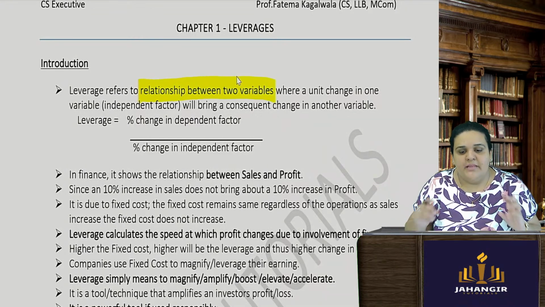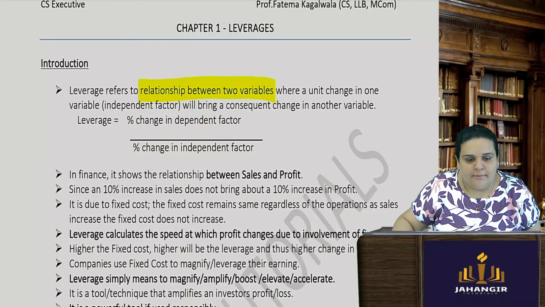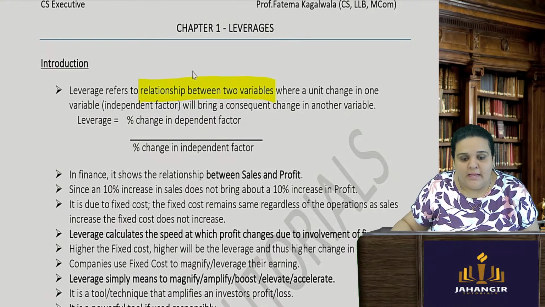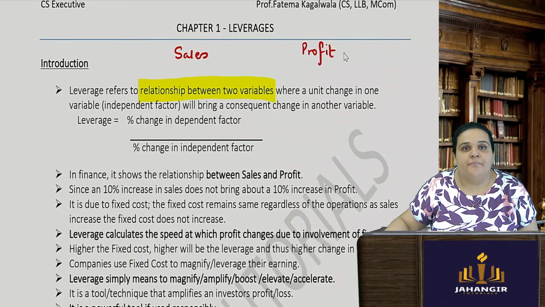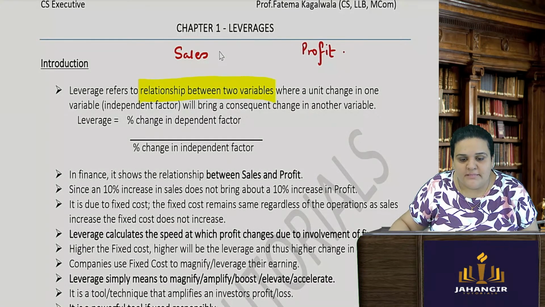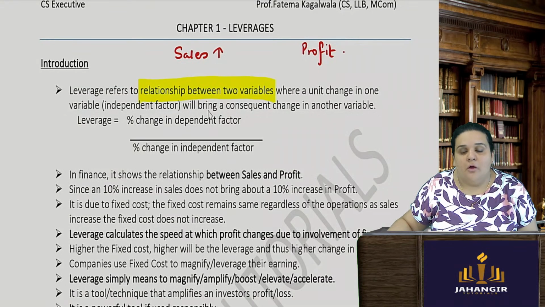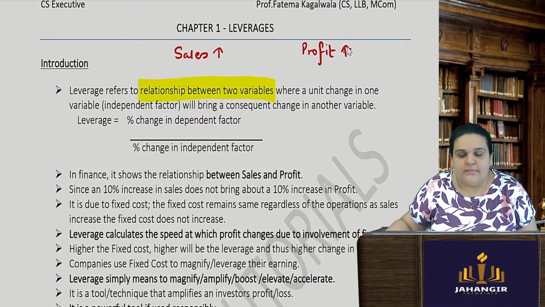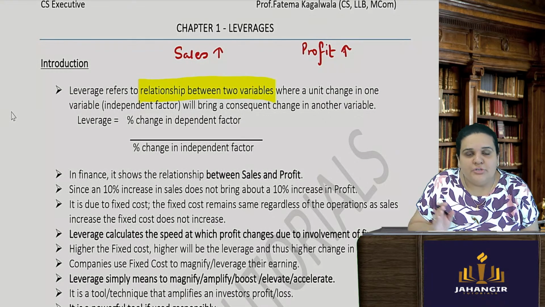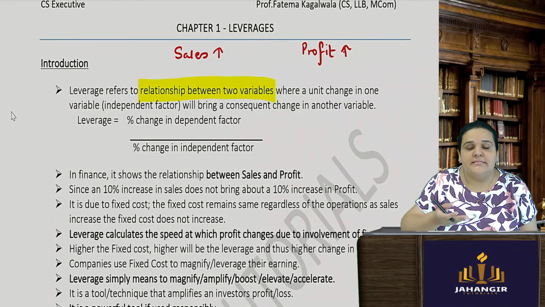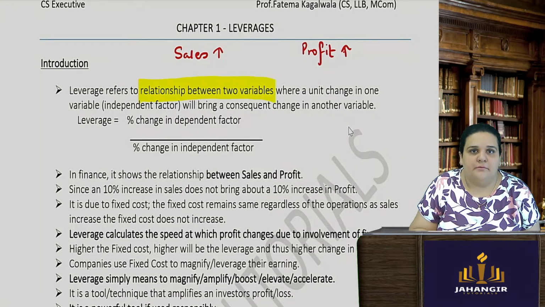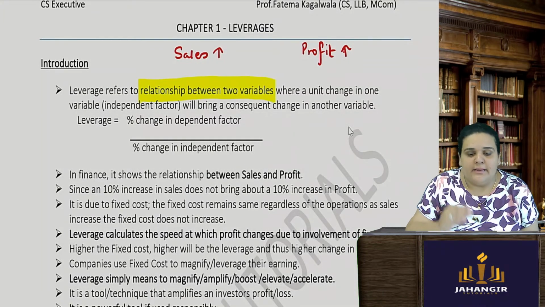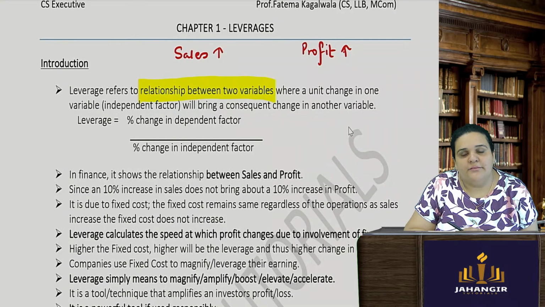It is simple. I have two variables: I have sales and I have profit. If I tell you my sales is increasing, obviously my profit is also increasing. It is a relationship between how much sales I have to make in order to generate X amount of profit, a direct relationship between the variables.